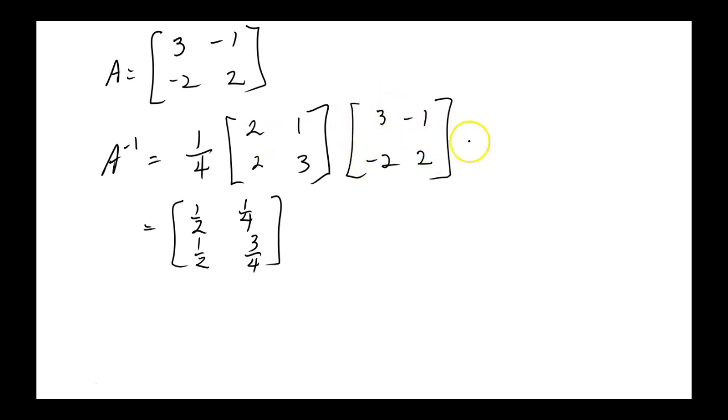Let's multiply those two together and see what we get. 4, 0, 0, 4. Oh, I left off my 1/4 in front. Guess what that gives you?